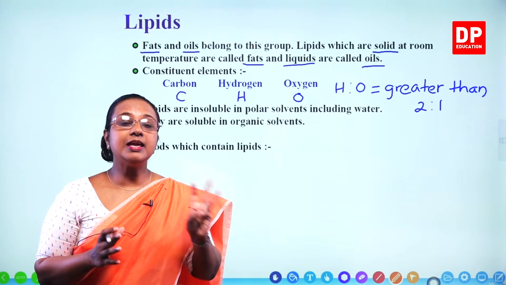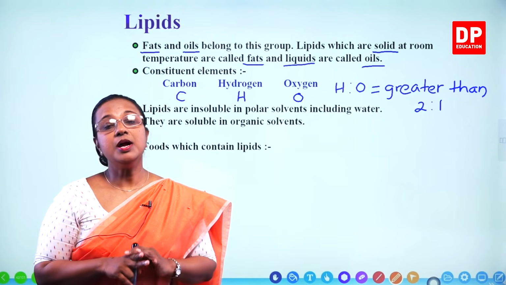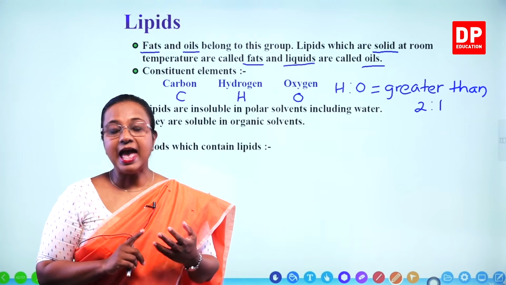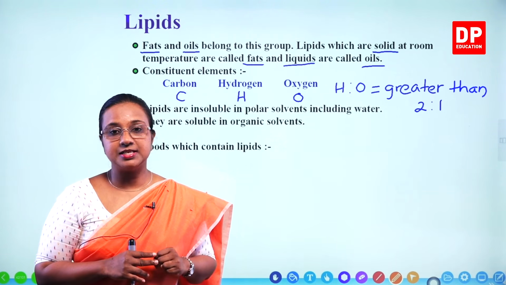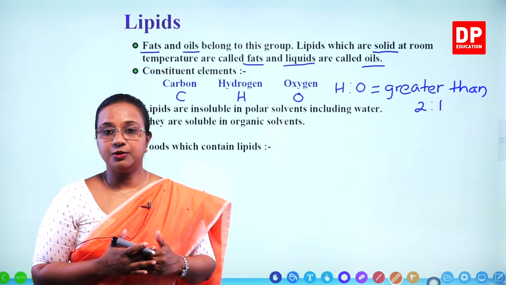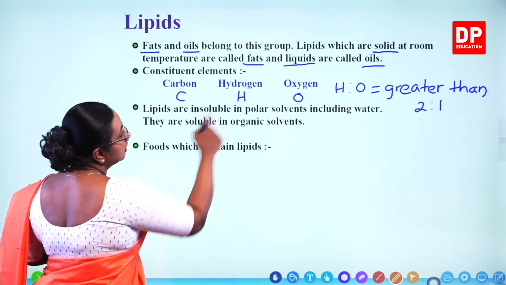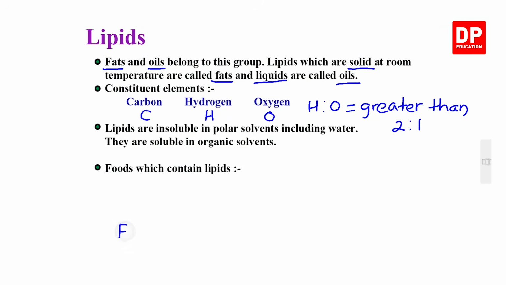And all these three elements, carbon, hydrogen and oxygen, combine to form two types of molecules. They are fatty acids and glycerols. And these two substances combine and form a large complex molecule which is the lipid. So, here we can see the combination of carbon, hydrogen and oxygen give rise to fatty acid and glycerol.